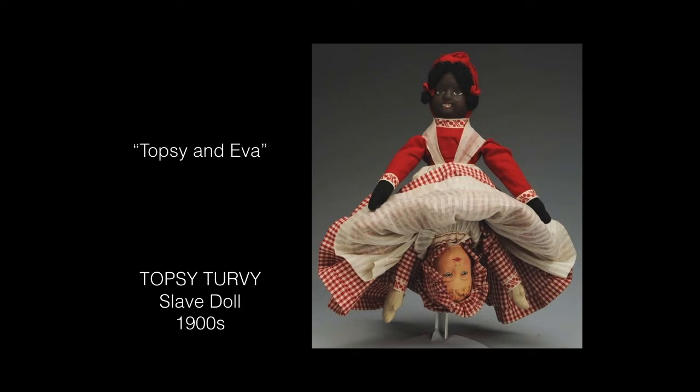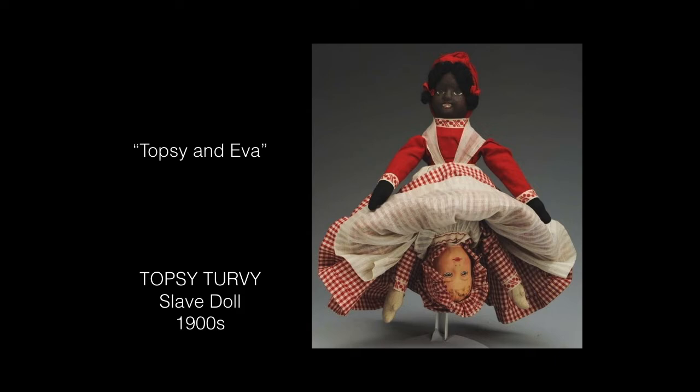And they're also characters in Harriet Beecher Stowe's Uncle Tom's Cabin, which was this very important abolitionist novel that had a 1927 silent film of the same name. Topsy and Eva became a common alternative name for the topsy-turvy doll, solidifying its link to the blackface slapstick brand of entertainment. But what were these used for?